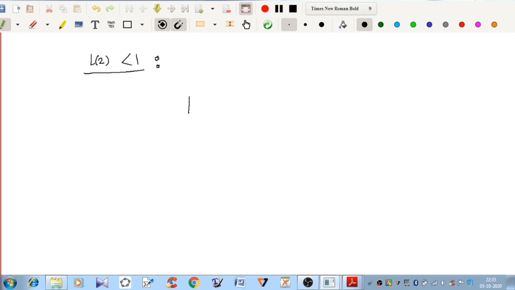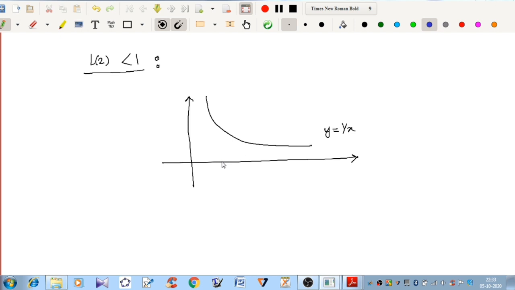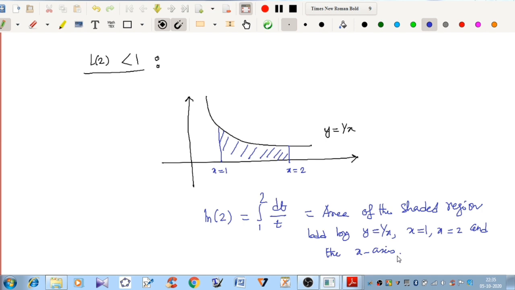For that, first we consider the graph of the function y equal to 1 by x. Now we consider the points x equal to 1 and x equal to 2. Obviously this shaded region represents log 2. Now we consider this rectangle.